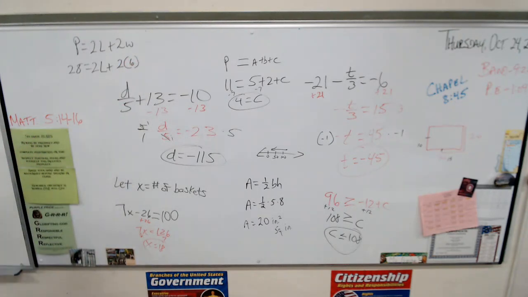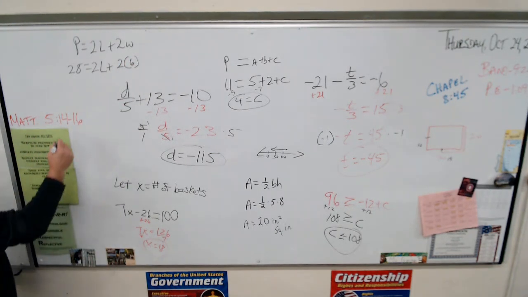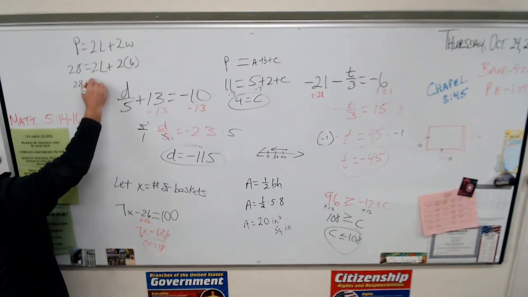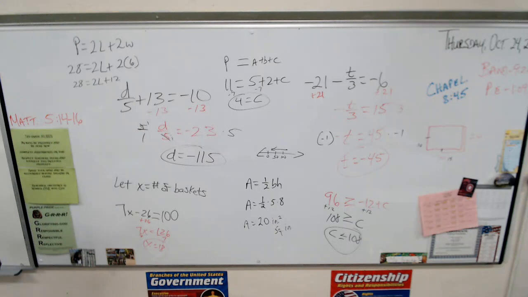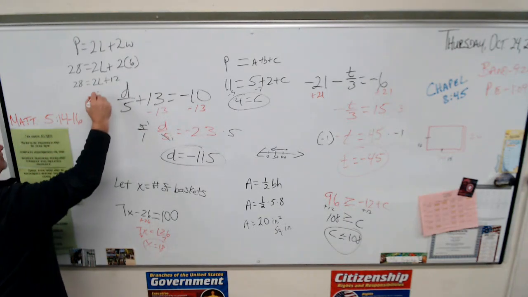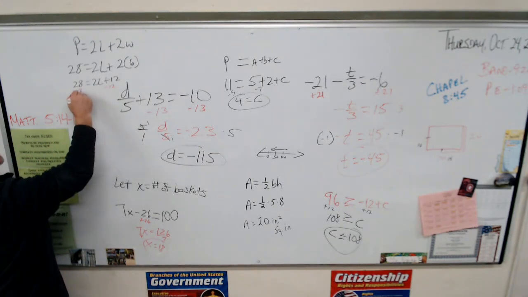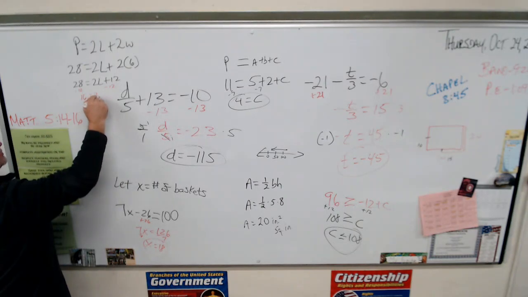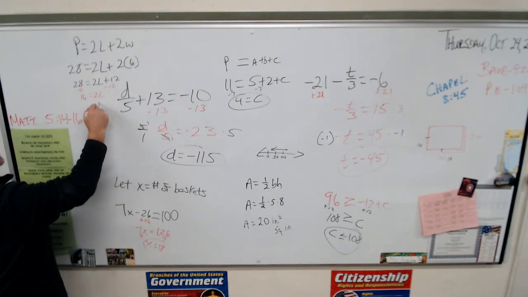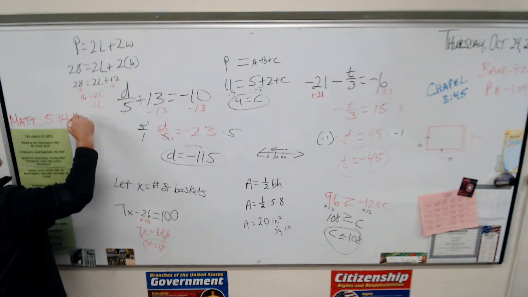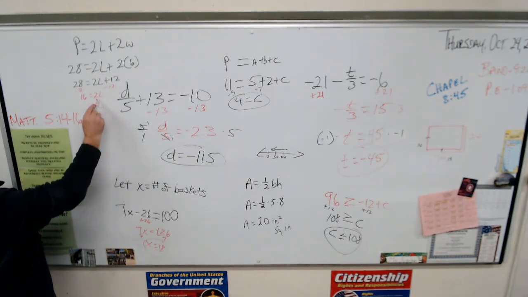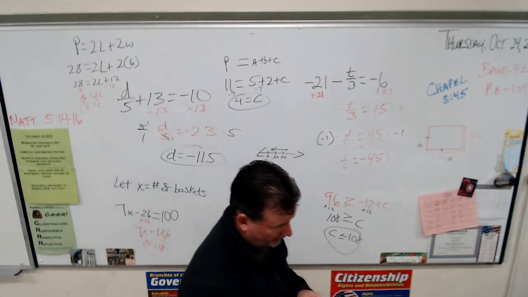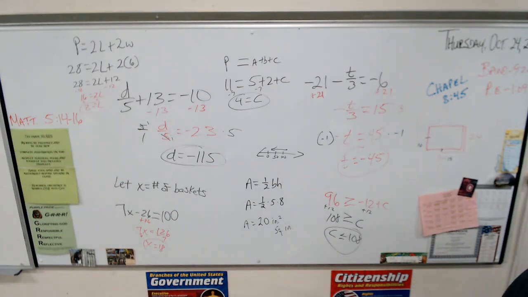Yeah. Okay, so now I got 28 equals 2L plus 12. How do I get rid of the 12? Subtract both sides. 16 equals 2L. What's L equal? Divide them both by 2. So the length of that rectangle must be 8.